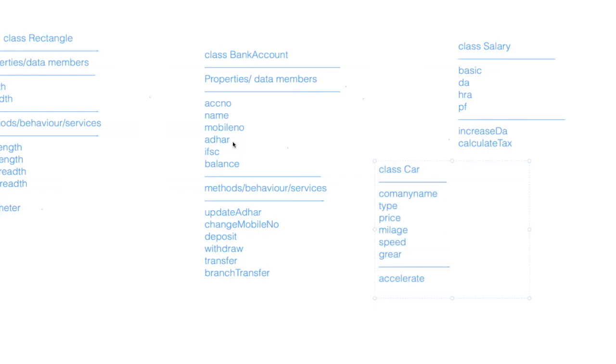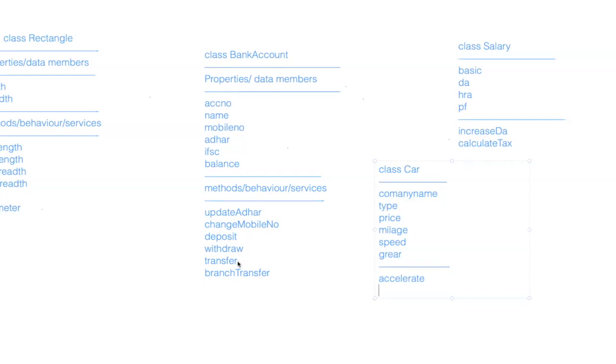Yes, sir. In the bank account, what are the impacted parameters? What are the parameters that will be impacted? See, update Aadhaar, that means change Aadhaar, which is impacting only Aadhaar. Change mobile number is impacting only the mobile number. Deposit, balance. Withdraw, balance.